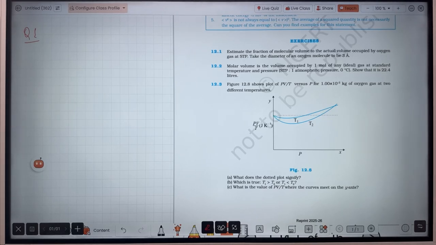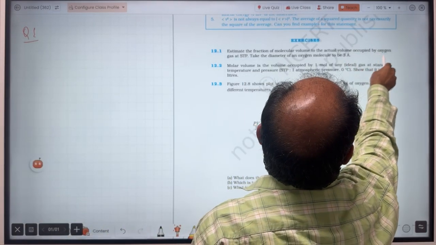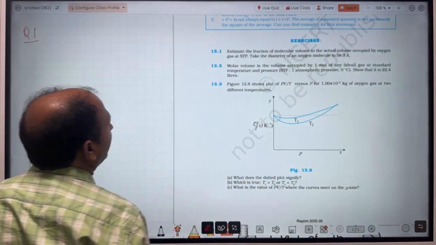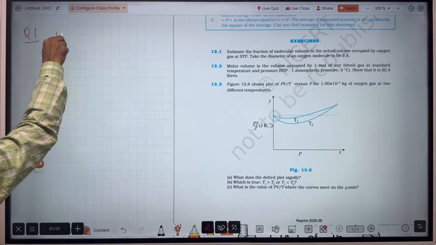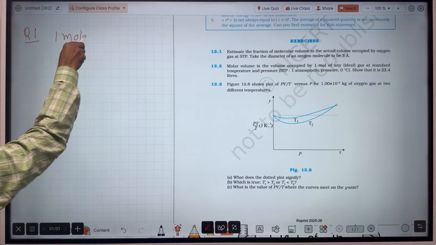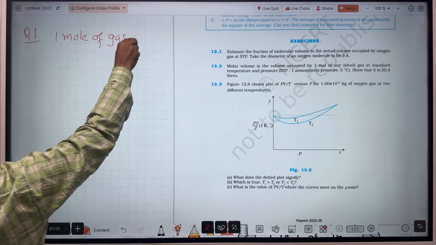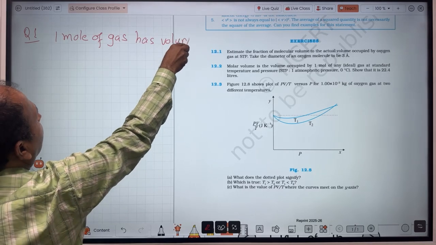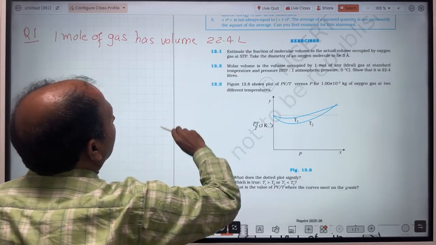Here, if you remember, at STP the volume will be equal to 22.4 liter, means 1 mole of gas has volume 22.4 liter.